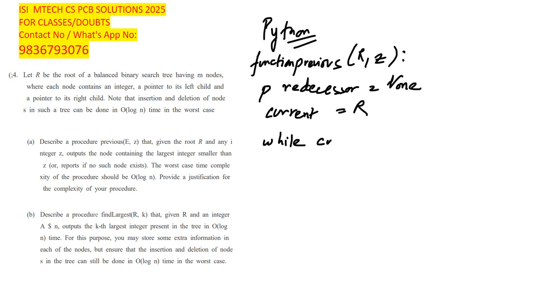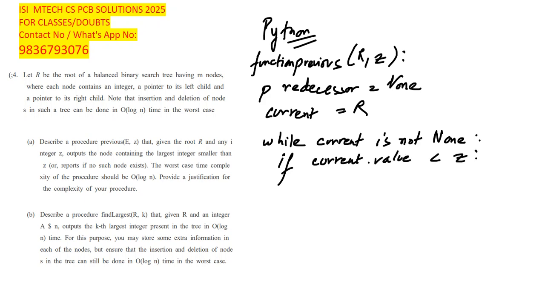While current is not None: if current.value is less than z, so here current is a candidate. Go right for a possibly larger candidate.